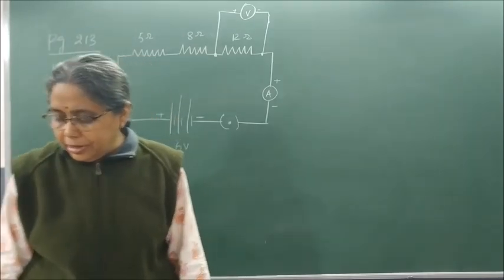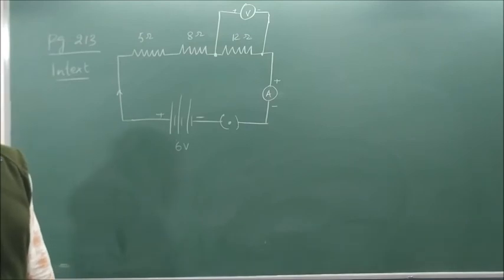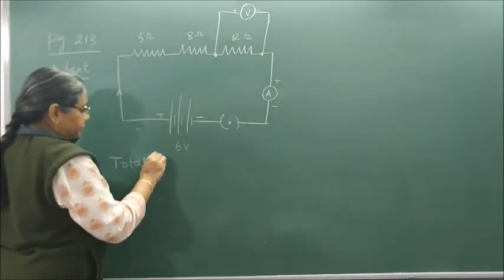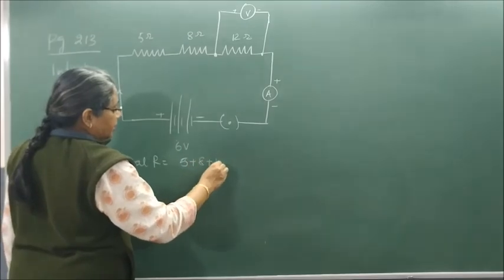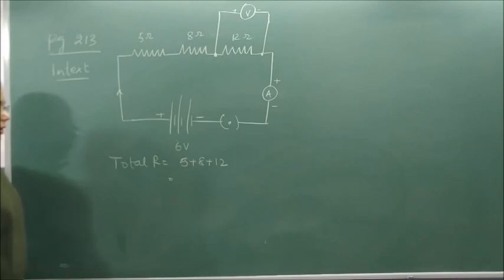So let us find out first. We have 3 resistors of 8, 5 and 12. So total resistance in the circuit is 5 plus 8 plus 12. That is how much? 25 ohms.